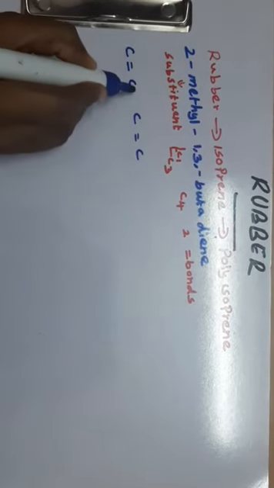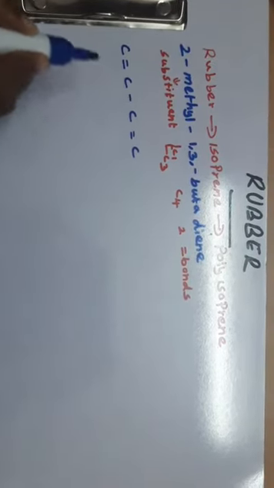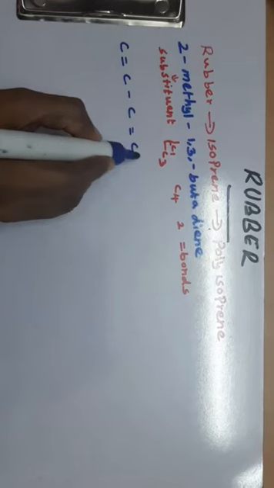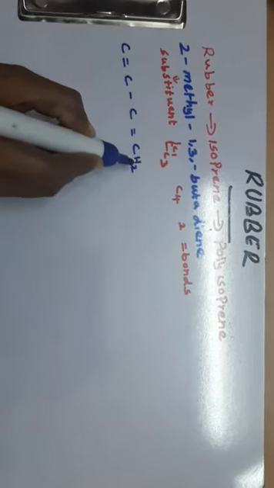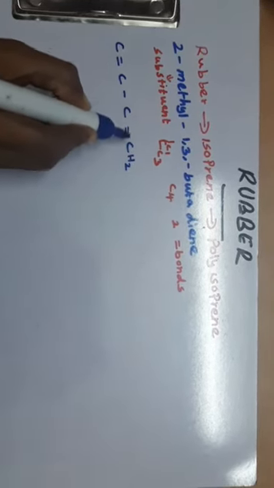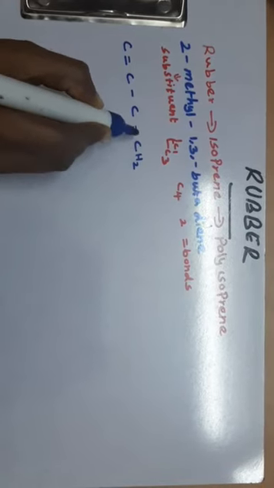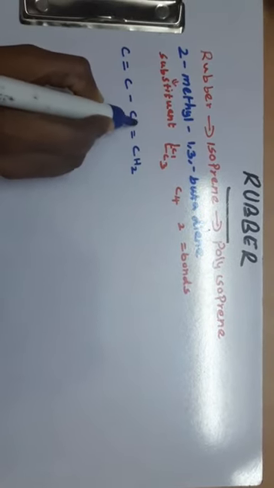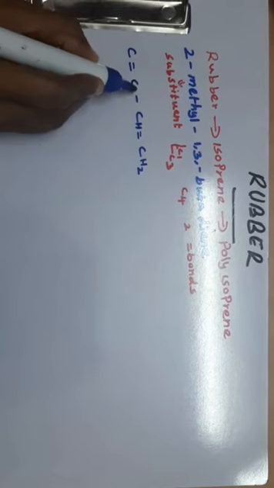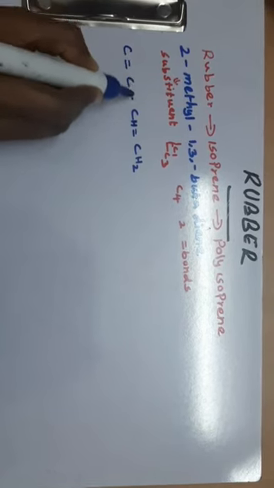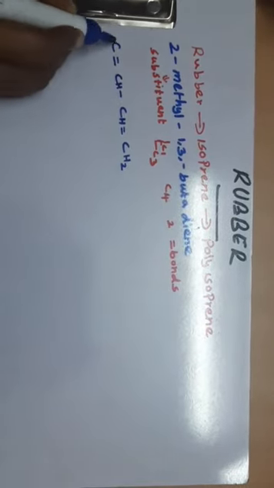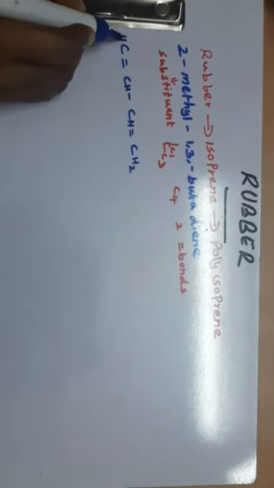This carbon-carbon bond is also connected, and fill it with the remaining hydrogen. This carbon valence is satisfied, and so on for carbons 1, 2, 3, 4.